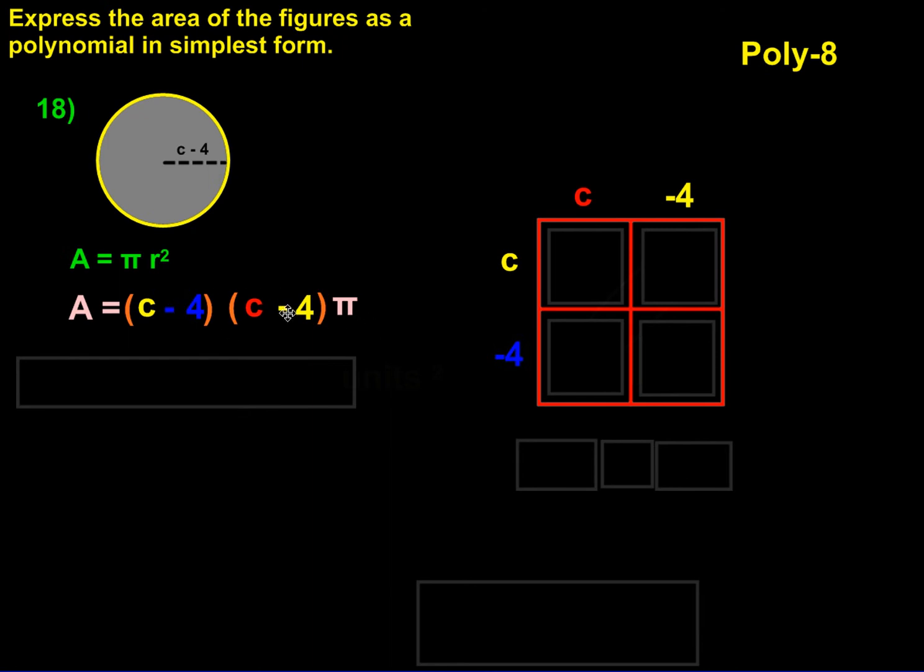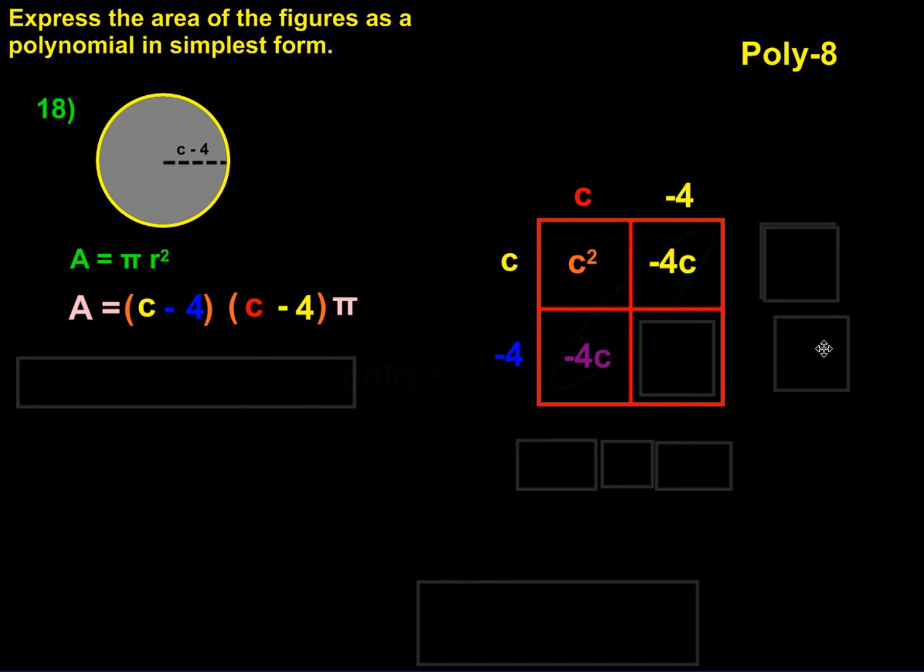So let's plug these guys into the box that we have. We have c minus 4, there's my c and my minus 4, and c minus 4, there it is up top. And we multiply just like we've done for every other problem. So c times c is c squared, c times negative 4 is negative 4c, negative 4 times c is going to give us another negative 4c, and negative 4 times negative 4 is going to give us a positive 16.